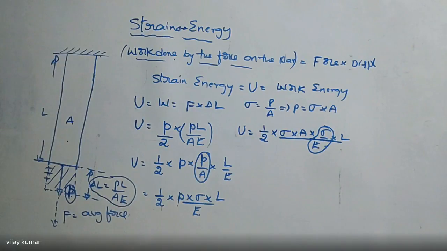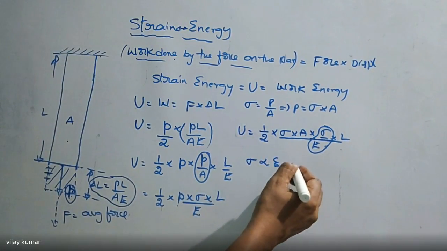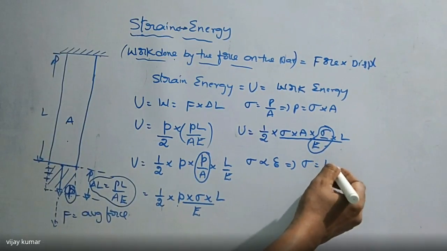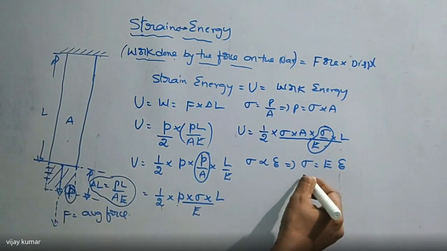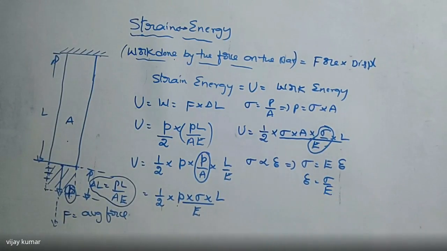According to which law? Hooke's law. Stress is directly proportional to strain. If you remove the proportionality, stress is equal to Young's modulus into strain. So strain is equal to sigma by E. Did you get my point or not?